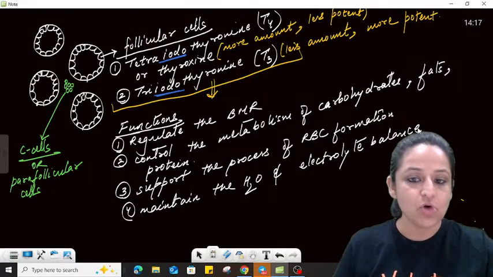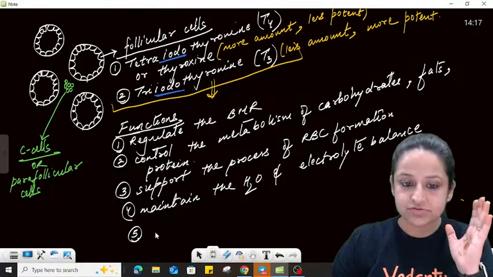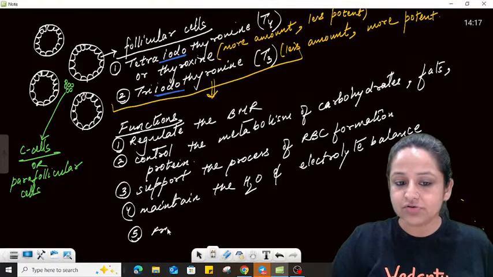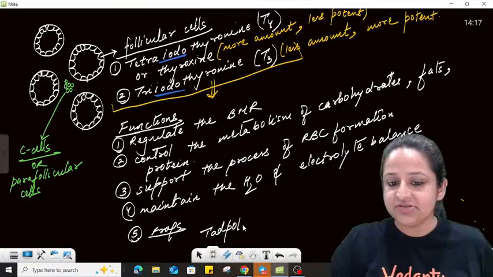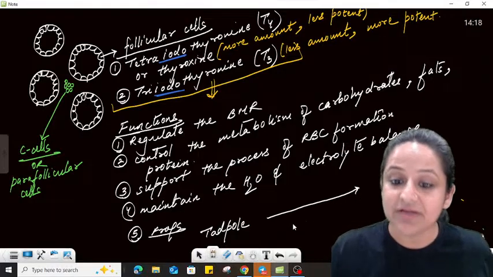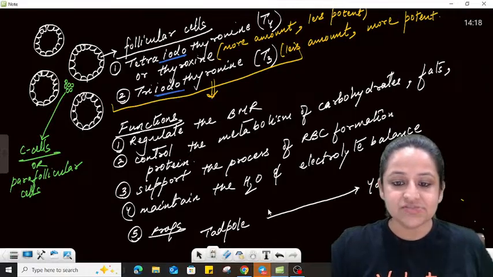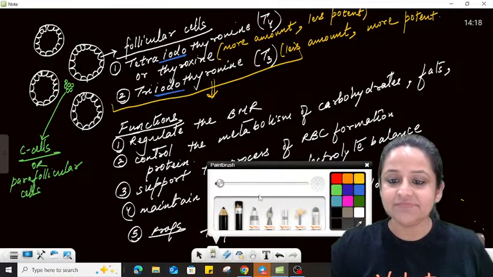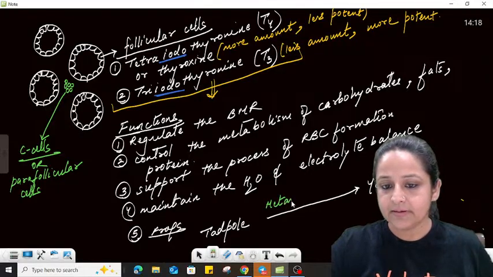And one more job which is not given in NCERT, the fifth, which concerns frogs. In the case of frogs, we know that a tadpole undergoes metamorphosis to form a young frog. This step is called metamorphosis.